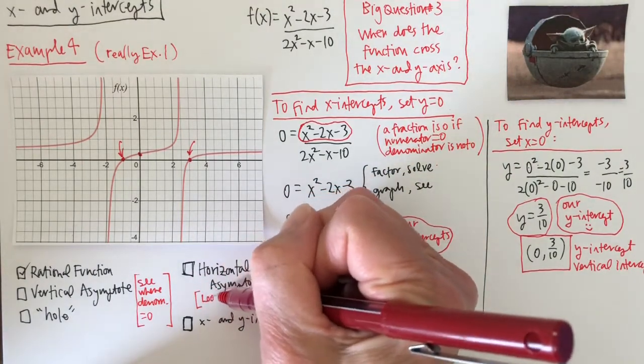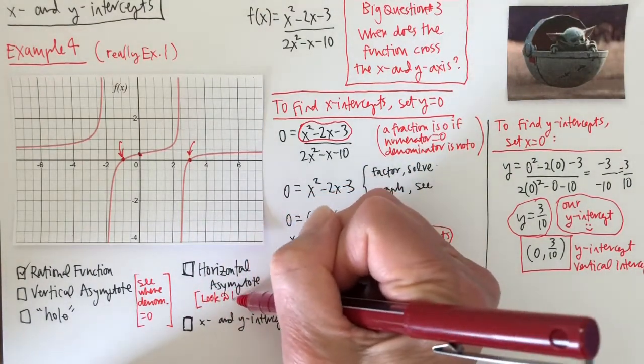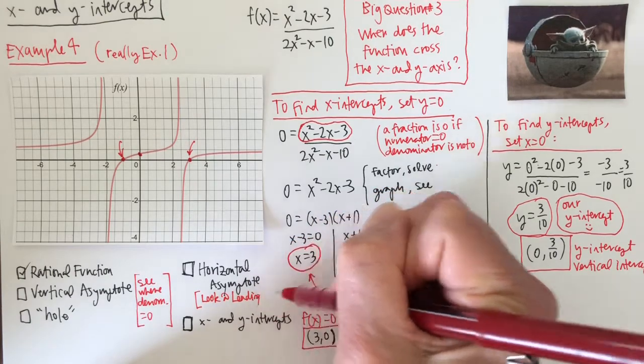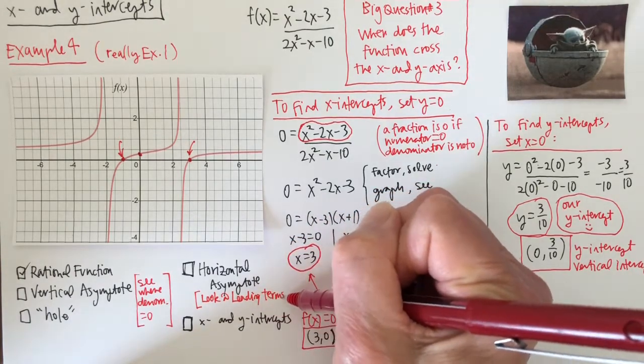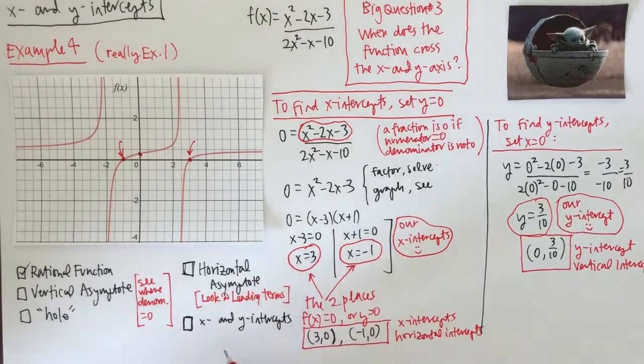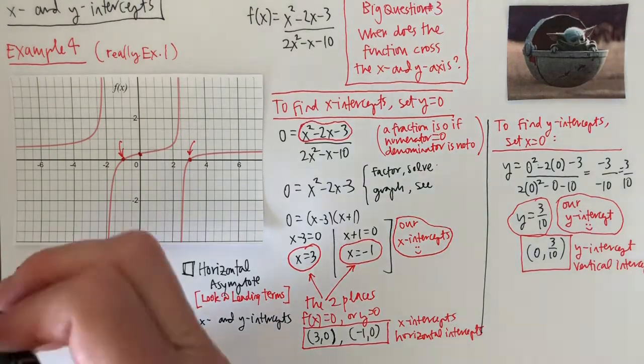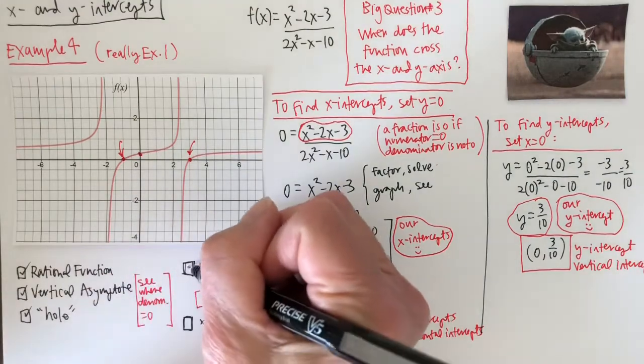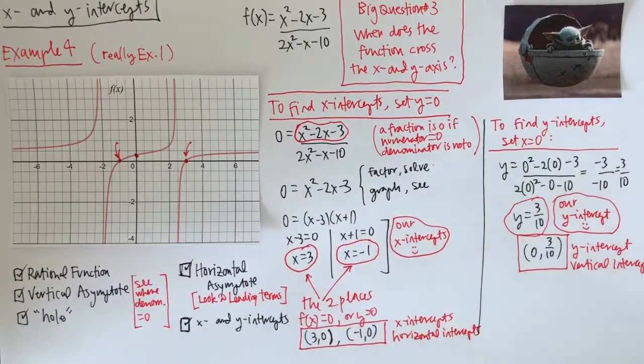You look at the leading terms and find out what they're doing at positive and negative infinity. And for x and y-intercepts, to find x-intercept, you set y equal to 0. To find y-intercept, you set x equal to 0. So we've learned a lot of things about rational functions. In the next video we'll look at some specific examples that will be similar to what your homework questions are like.